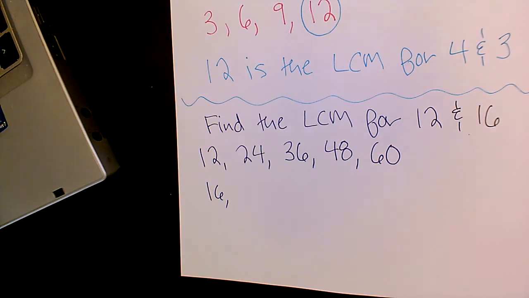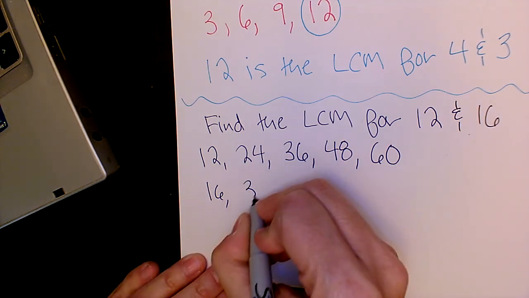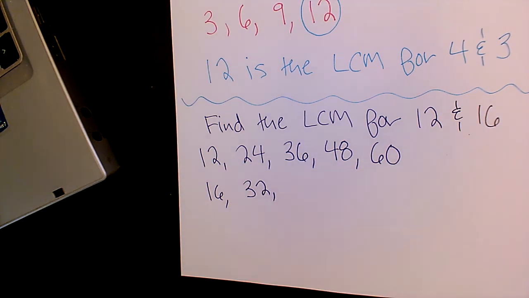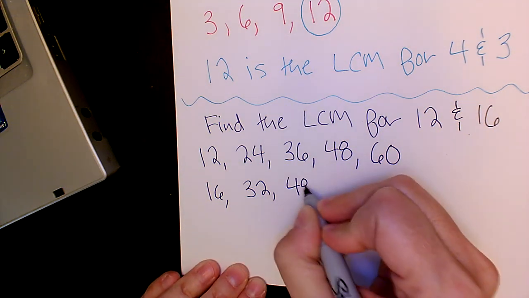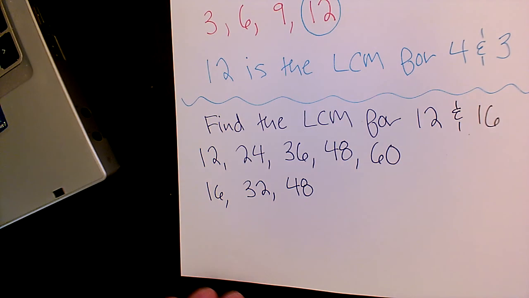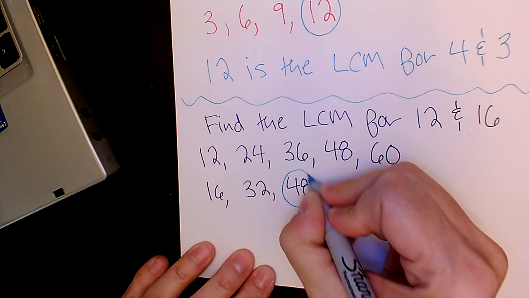I'm going to stop there. Okay, let's go to the 16 and write out all the multiples of 16. 16 times 2 is 32. 16 times 3 is 48. So I have a match.